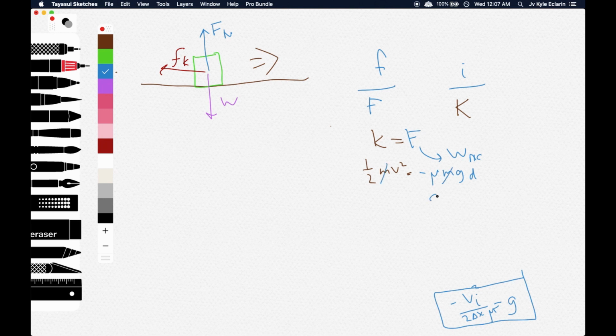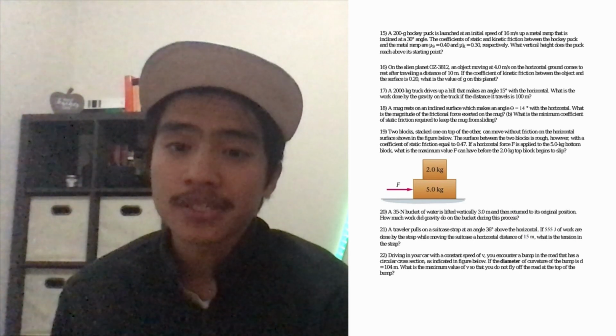And if you want to just find g, it then becomes negative v squared all over 2d, and we have mu. And this is the same as this. So if you use kinematics, you'll get pretty much the same answer as using the energy methods. Let's read number 17.